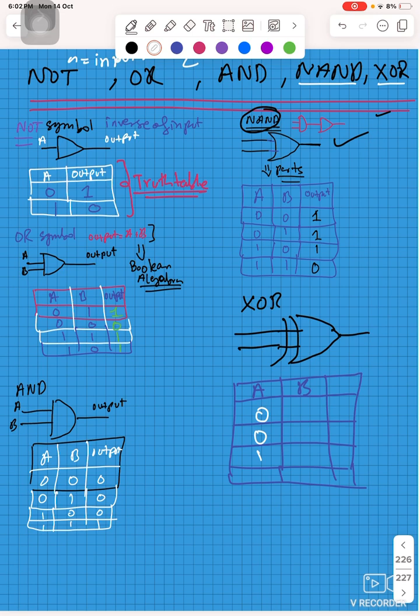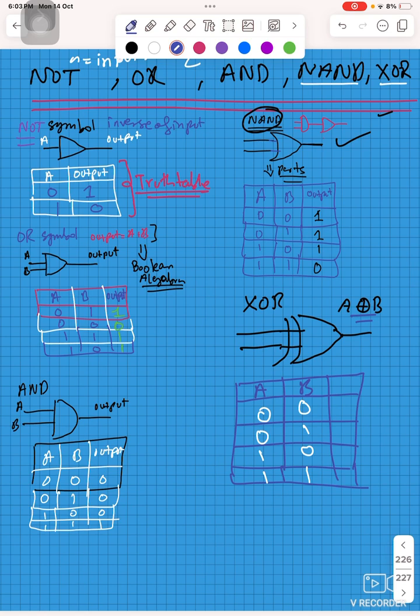0 0 1 1, 0 1 0 1. For exclusive, I wrote A exclusive B. For simplicity, we'll just use A exclusive B. If 0 exclusive 0, we get 0.